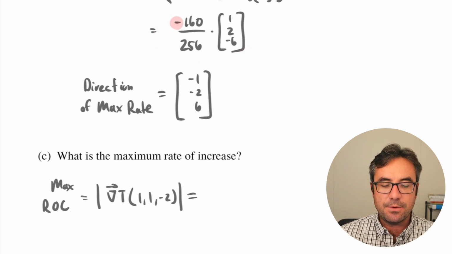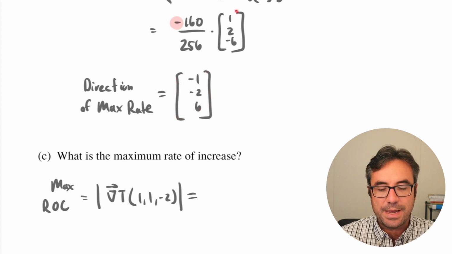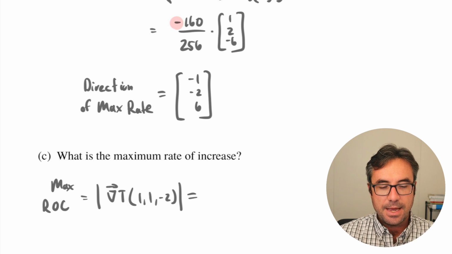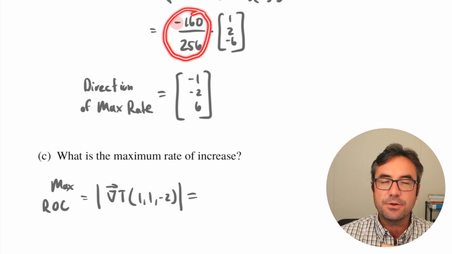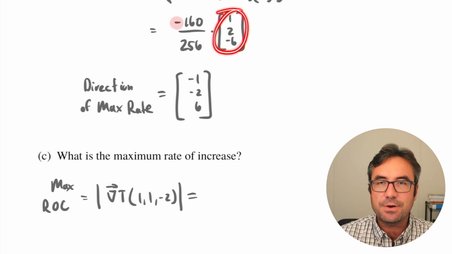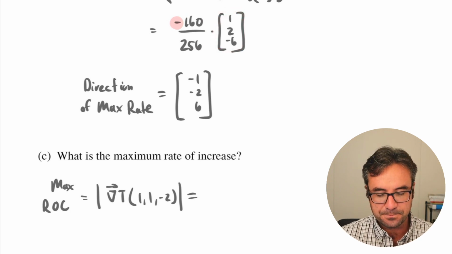And for this one, we can't just use any direction vector. We have to actually use what the gradient actually was. And so, again, it helps to have it factored out like this, because what we can do is take the absolute value of the scalar part that we factored out, and then just figure out the length of this other vector.